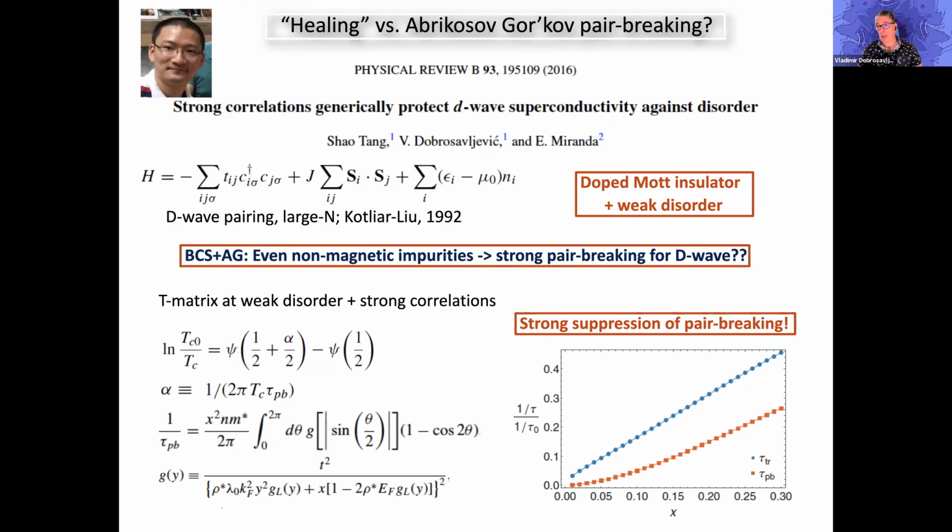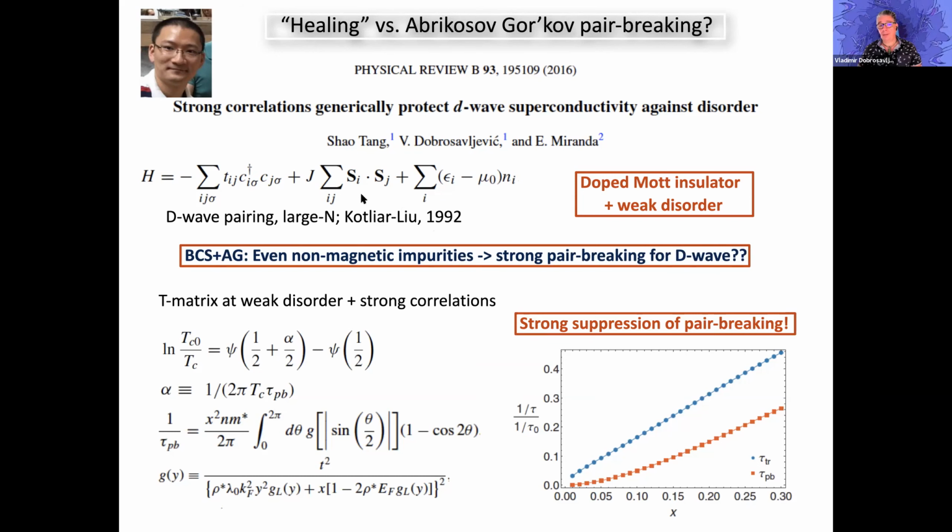And today we know that we have D-wave superconductivity in cuprates. The question is how? What was wrong with Abrikosov-Gorkov? Well, it turns out that this healing effect that I just described can be discussed in the framework of Abrikosov-Gorkov theory, which is a theory just asking what very weak disorder does to a superconductor. So we can add weak disorder to a correlated superconductor and repeat calculations, which are fully analytical in the framework of the large N theory, but we expect very similar results for DMFT.